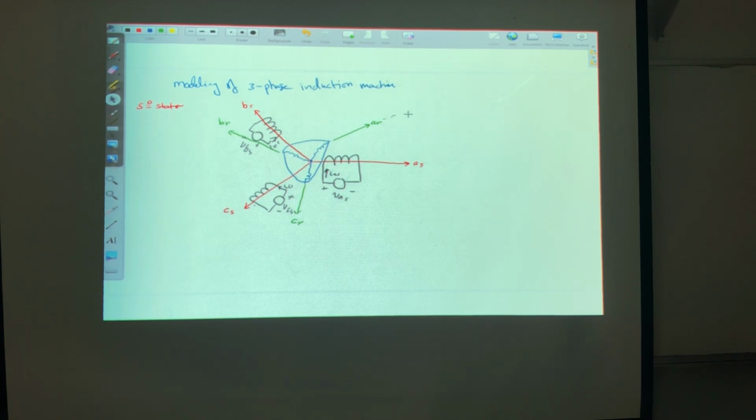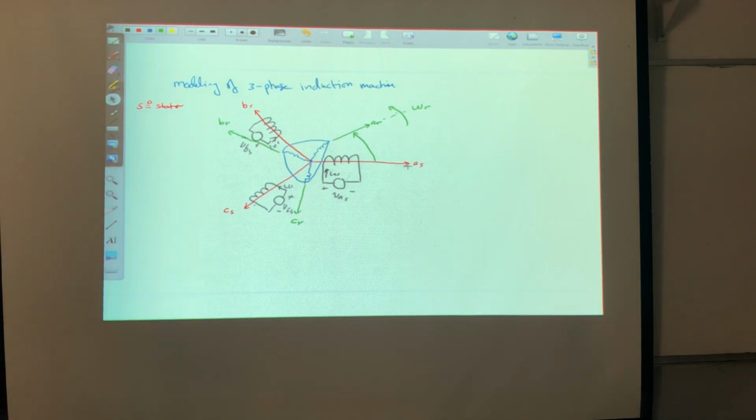And the rotor is rotating by which speed? By omega r speed. The synchronous speed is something else. The synchronous speed is a fixed speed related to the frequency. Now the rotor is rotating by which speed? By the physical speed of the rotor, so omega r. So simply this means that the angle between here and here is theta r.